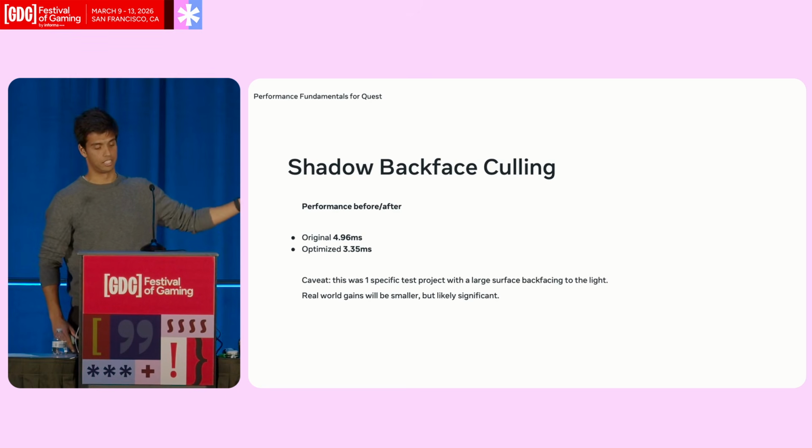And it did. In that scene, it went from 4.96 milliseconds to 3.35 milliseconds, which is obviously a huge win. Now, major disclaimer: that type of win will not be seen in average content. However, we do think the real-world gains will likely be significant because the average app probably has a decent number of pixels that are going to be back-facing to that light in the first place.